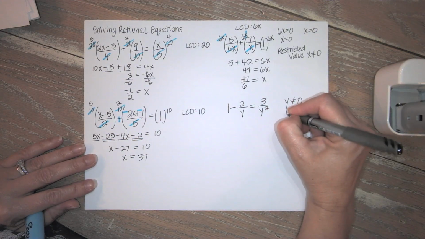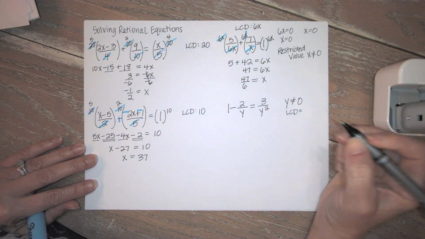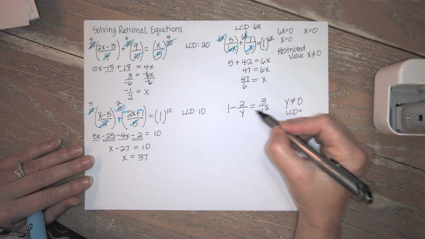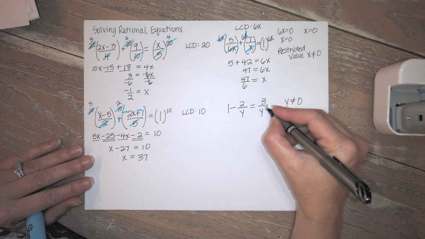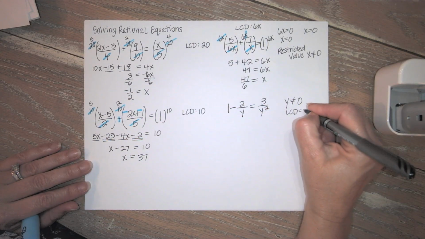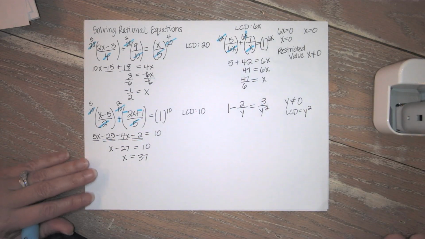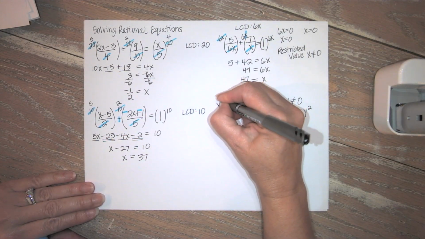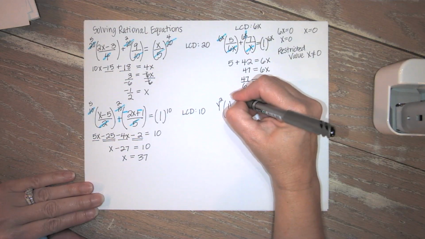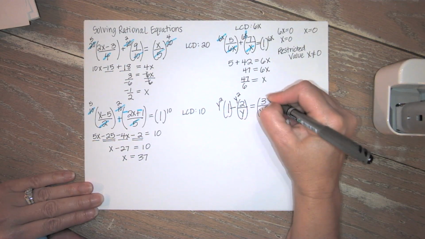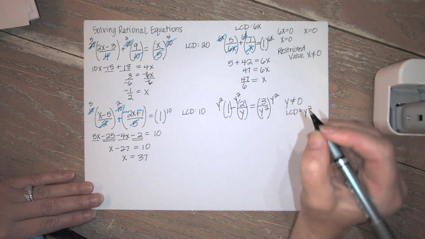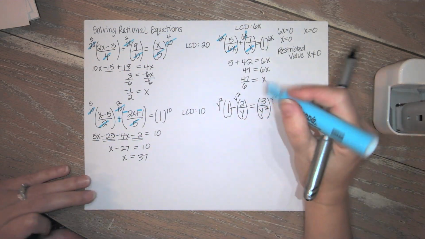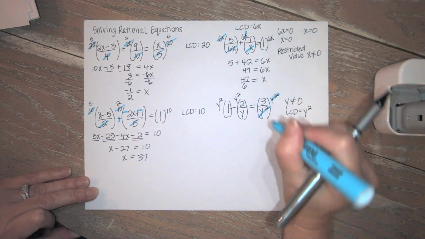And now our least common denominator is going to be, since we have y's on both denominators, the highest power of y that we see, so it's going to be y squared. So that's what we're going to multiply each rational expression in this equation by. Here it's going to cancel the y squareds.